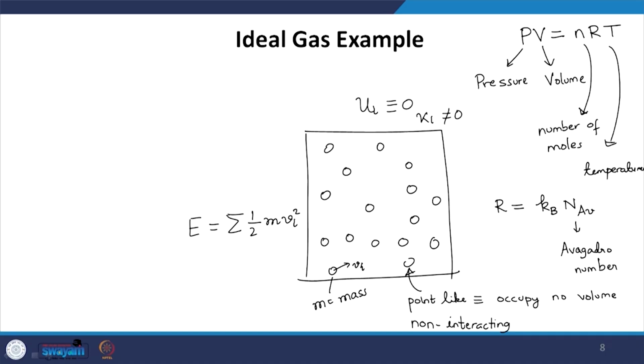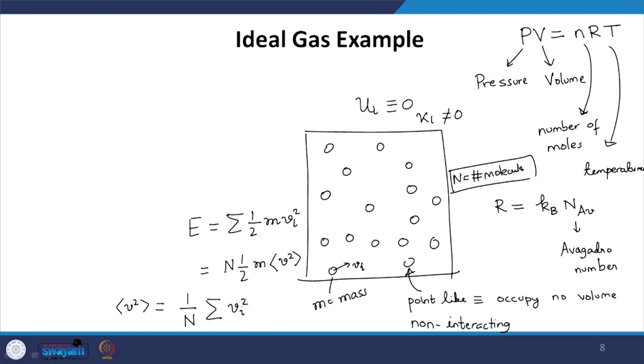So, this I can also write as the number of molecules multiplied by some average square velocity of molecules in the system, where the mean of v^2 is defined as the average of the squares of the velocity of the molecules, and therefore, we can actually get the energy of a system.